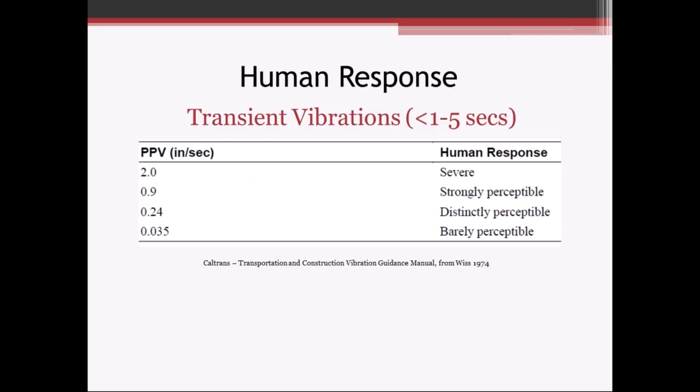These transient vibrations, those impulsive vibrations, the single impact of the pile hammer, again, 0.035, that's barely perceptible, again, inches per second. 0.9, strongly perceptible, which pretty much coincides.